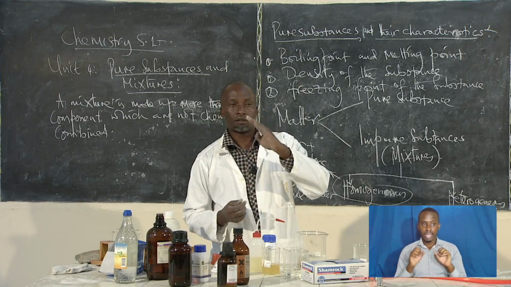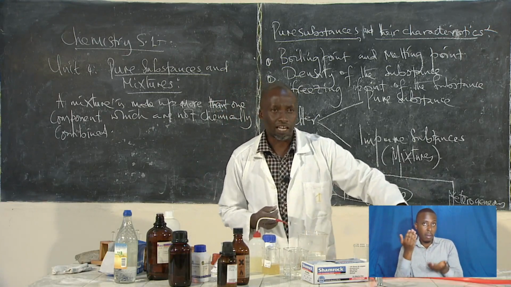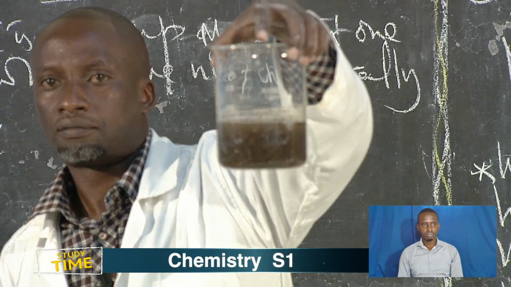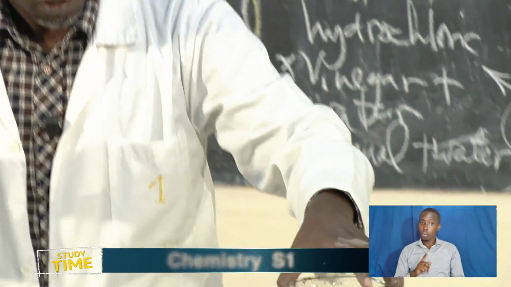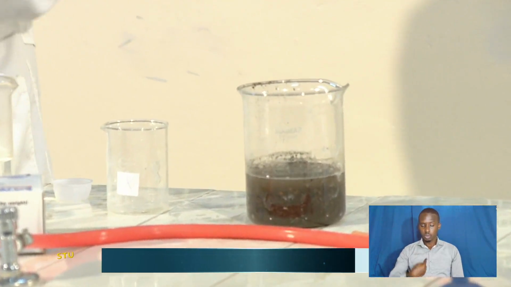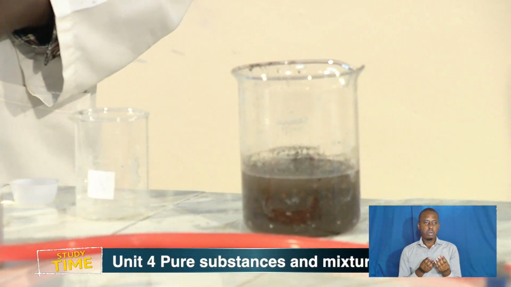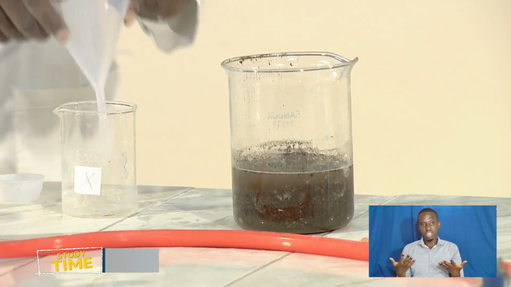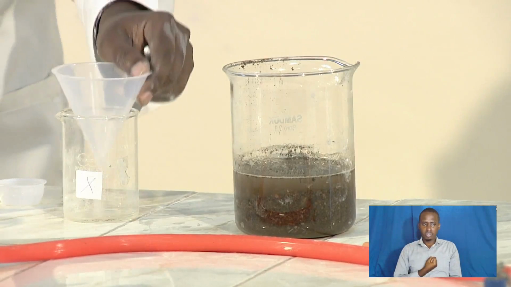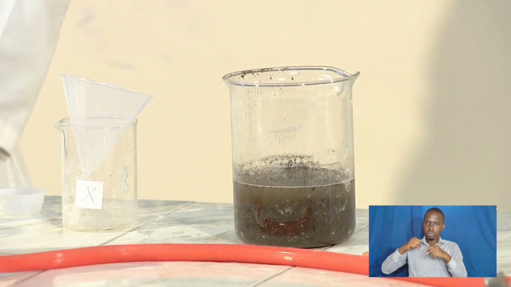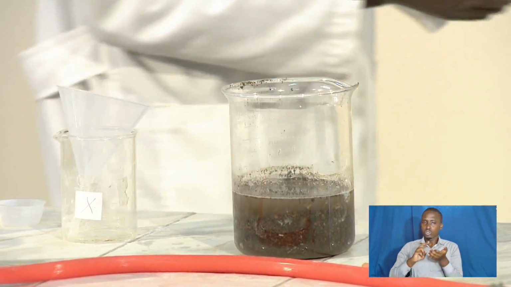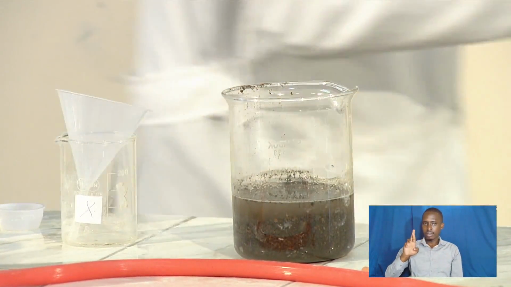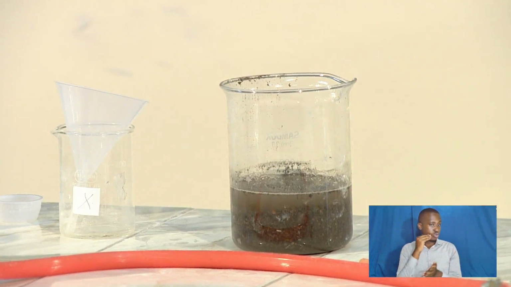Can you suggest the method that can be used to separate this? Well, we use a simple method, and we are going to look at that method. This is a filter funnel, and you can use a filter paper like this, or even at home.